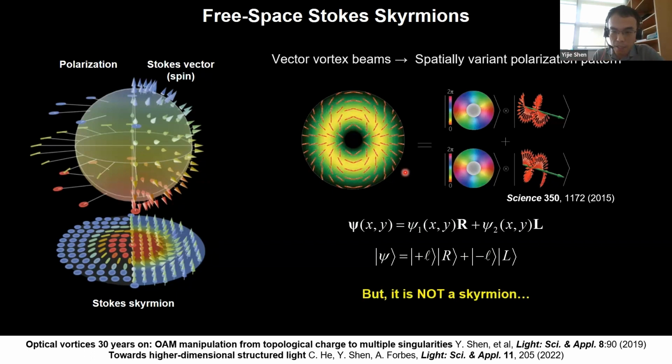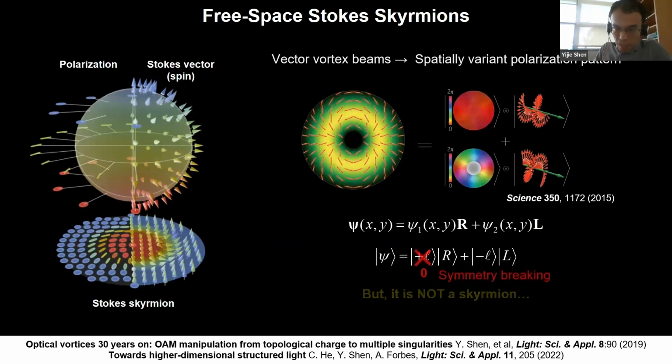However, this is not a skyrmion. Why? Because it is a very beautiful vector beam pattern, but it only has a linear polarization distribution, right? The skyrmion requires all the polarization states to be observed, localized in this region.